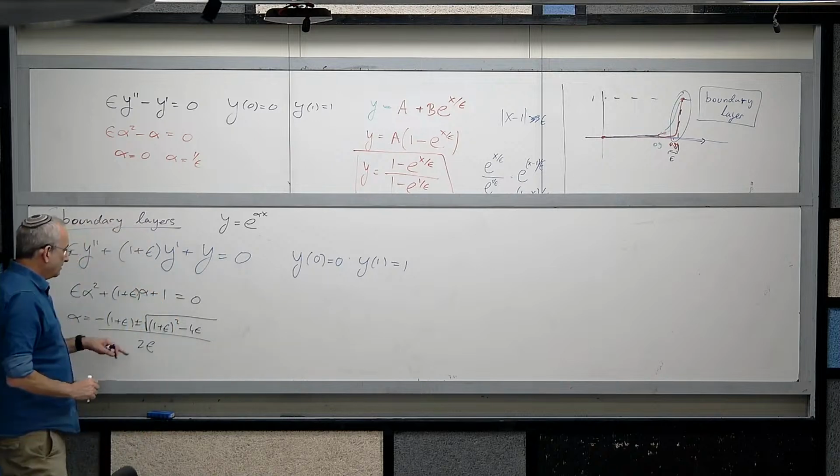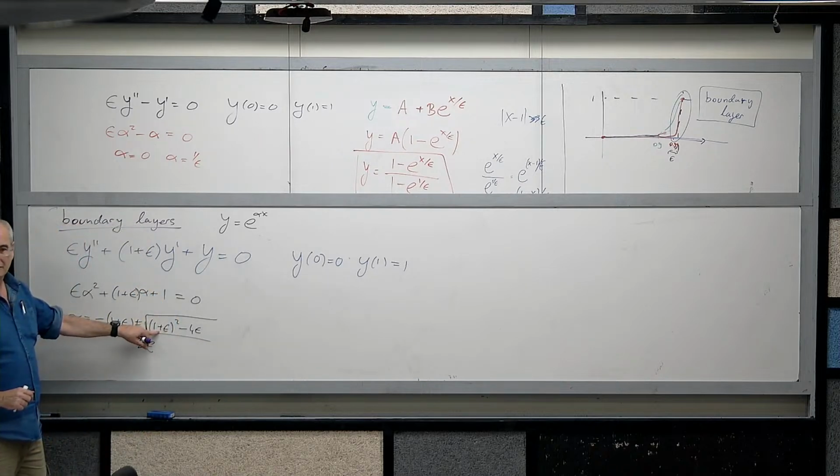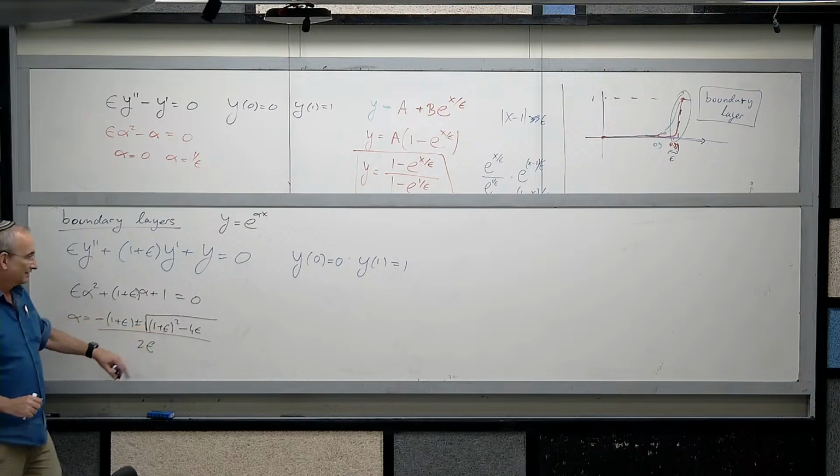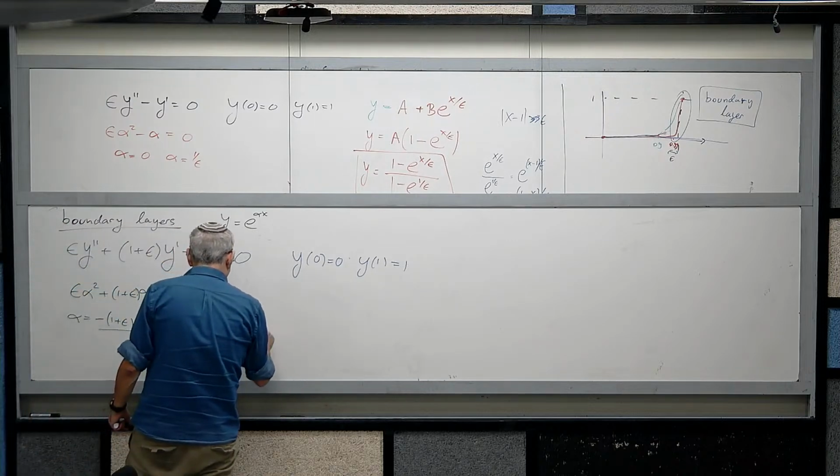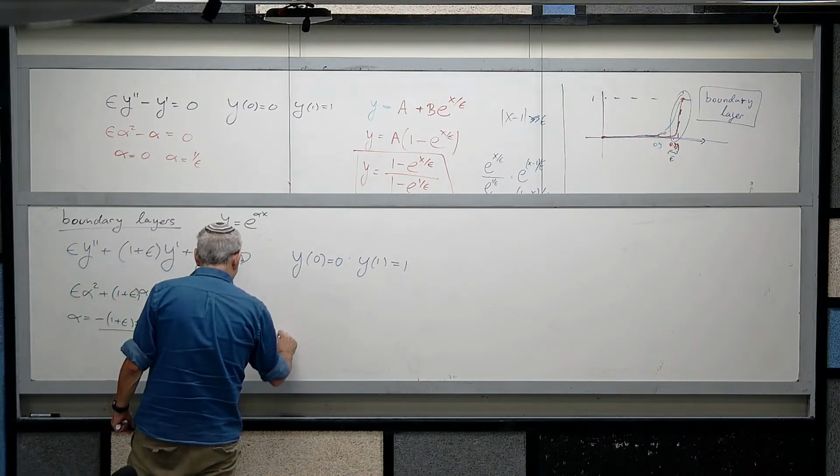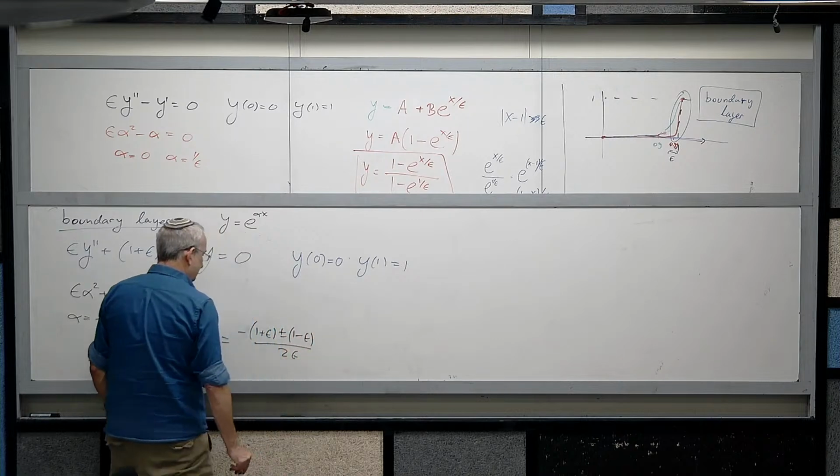Now, this is (1 minus epsilon) squared, you see. So what I have here is minus 1 minus epsilon, plus or minus (1 minus epsilon), divided by 2 epsilon.